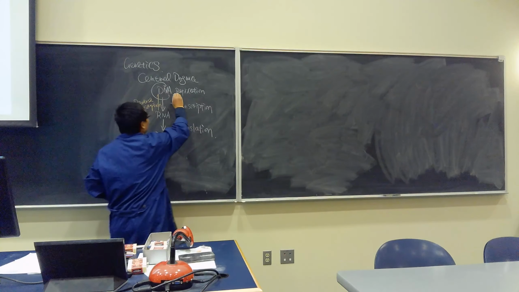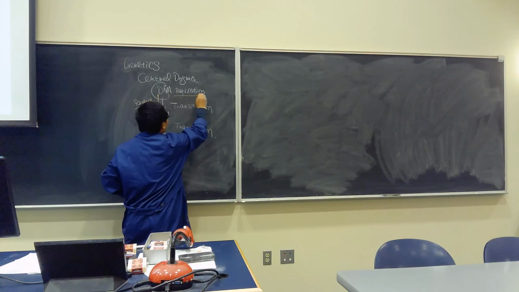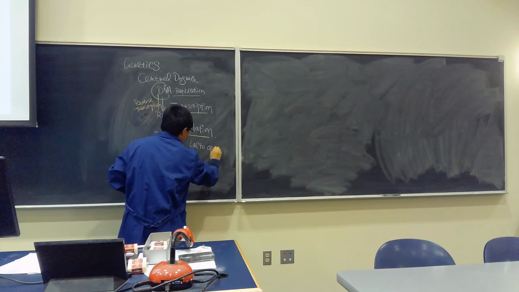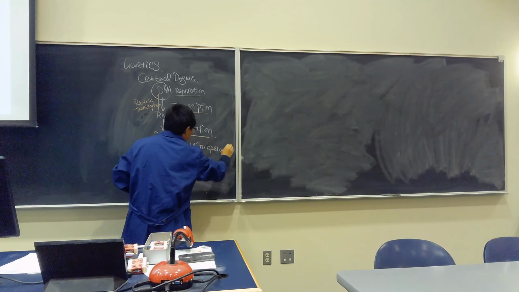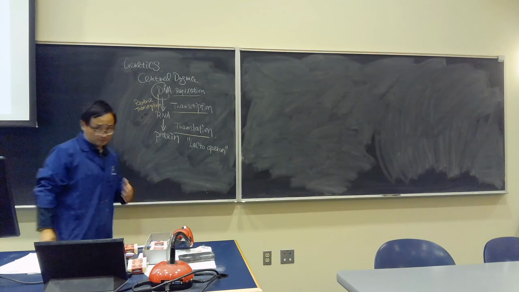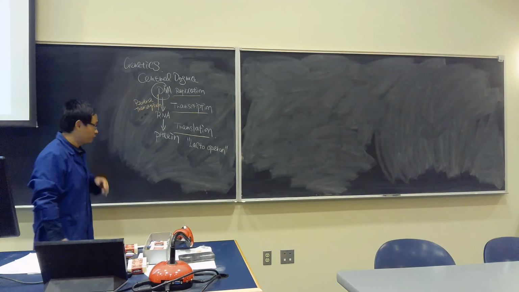We will talk in detail about replication, transcription, and translation, and a little bit about regulation of transcription and translation, using the lac operon as an example. This is very tricky stuff, like a maze, back and forth. We'll talk about that.